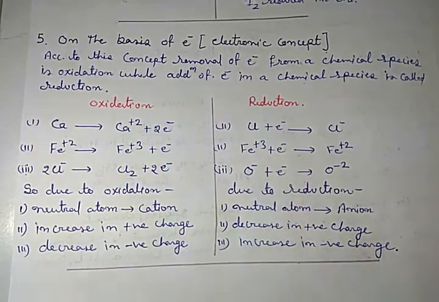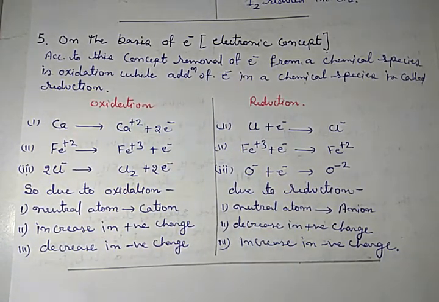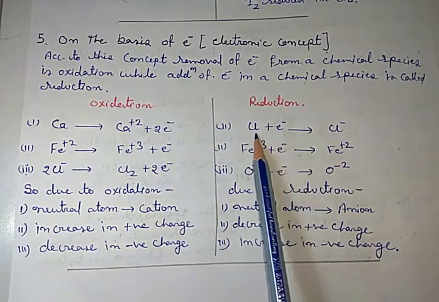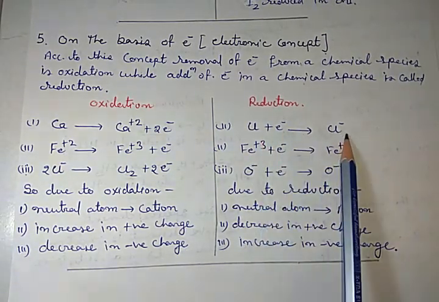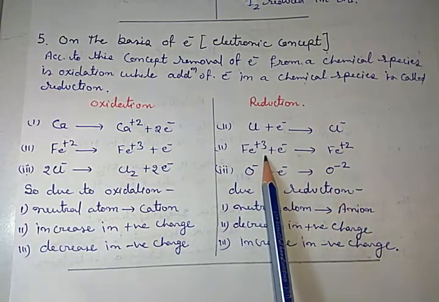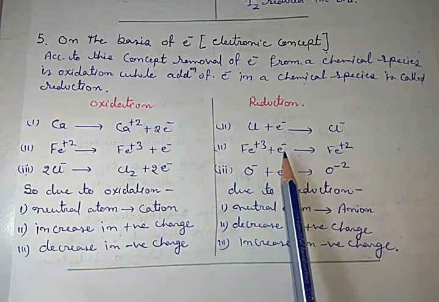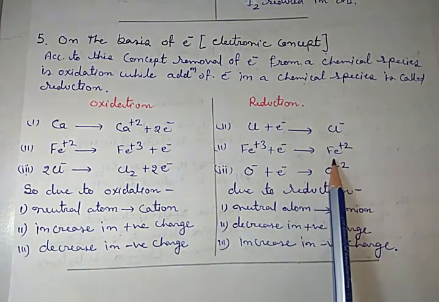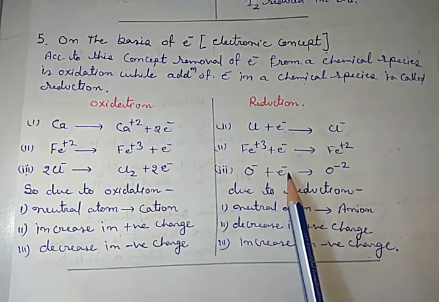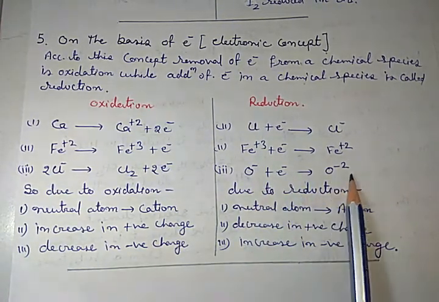Okay, now a similar case we can consider with reduction. In reduction, there is addition of electron. So if it is a neutral atom, then there will be anion formation. If it is a cation, then due to the addition of electron, its positive charge will decrease. And if it is an anion, then addition of electron will increase its negative charge.